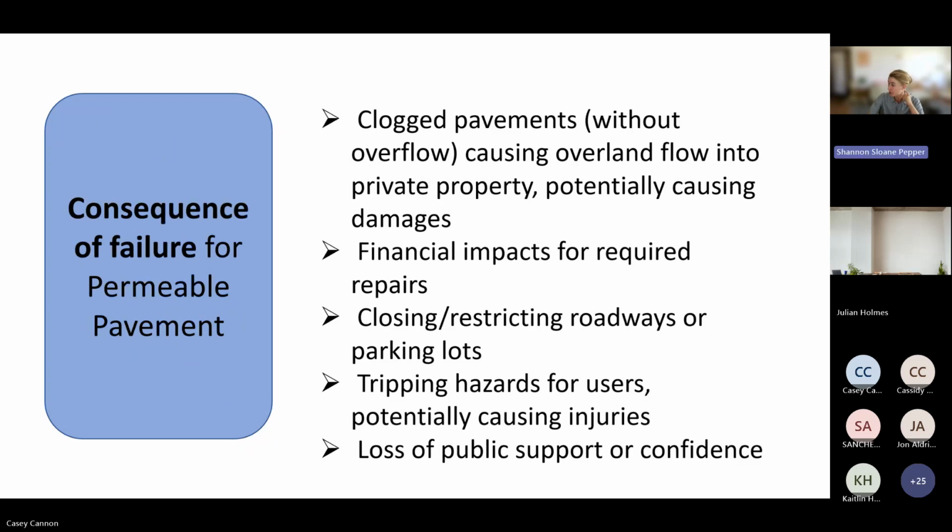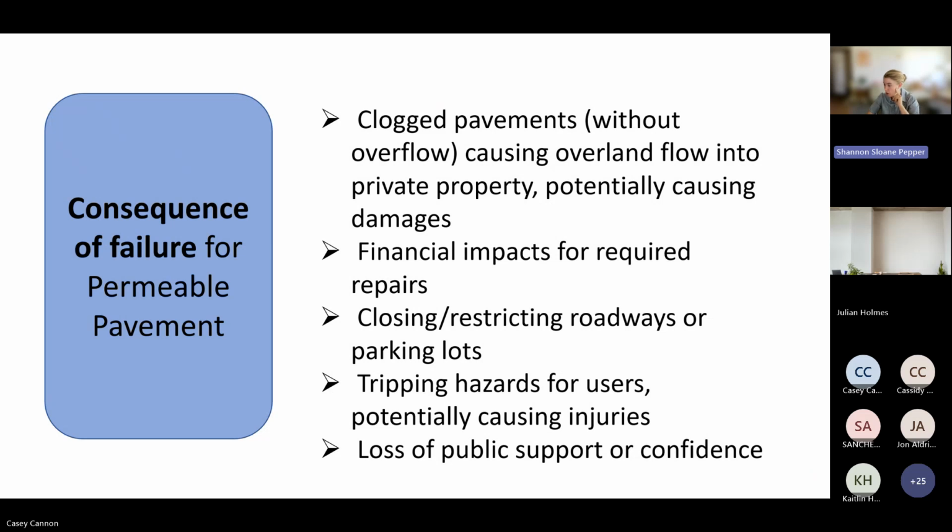And then if we look at the consequence of failure, right? If you have a clogged paver, you could cause flow into private property, potentially damaging people's property. That's usually a pretty serious one. Financial impacts for the required repairs. You could see closing or restricting of roadways and parking lots.